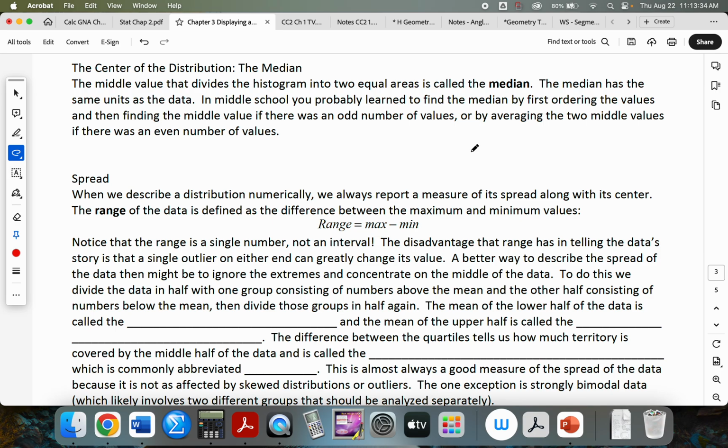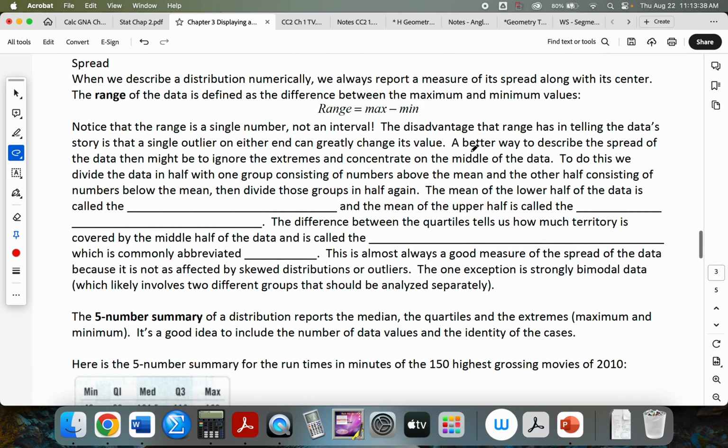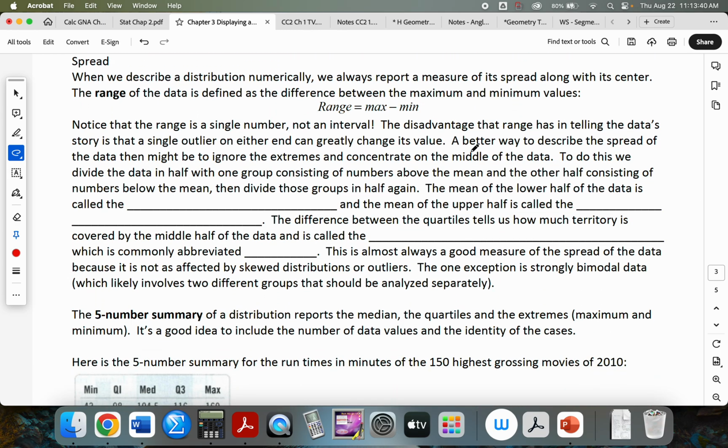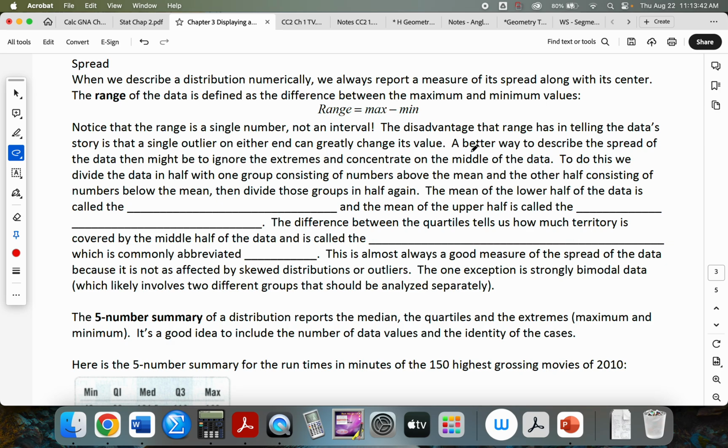All right, spread. There's a couple of different things we can talk about for the spread. One of them is the range. The range is the maximum minus the minimum. Note that when we talk about range, it's a single number. It's not an interval.